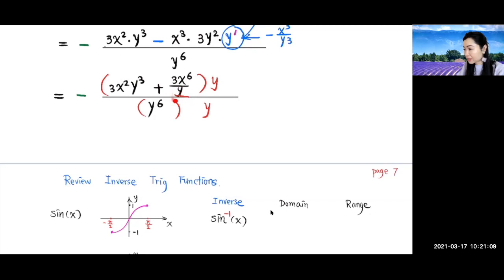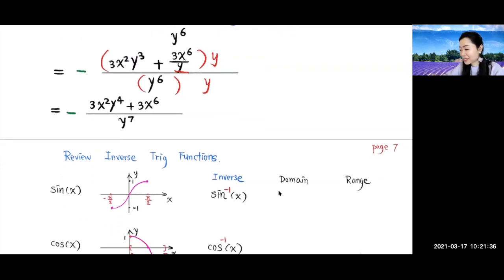Then this is going to divide out. So it will simplify. So that will equal negative 3x squared y to the 4 plus 3x to the 6, and then this is y to the 7.